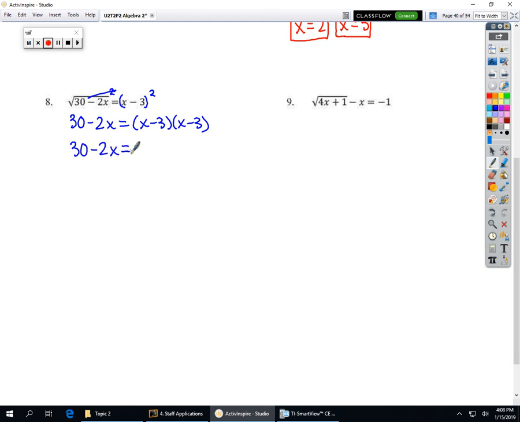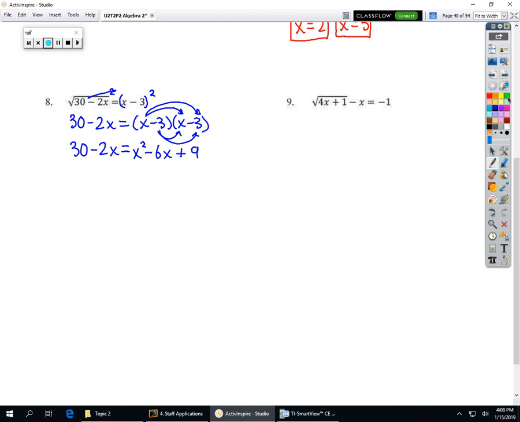I'm going to do the same thing I did to the other side. This would become, if I do all the work, x squared minus 6x plus 9. Negative 3 times negative 3 is positive 9. Move everything to one side, the side with the x squared.